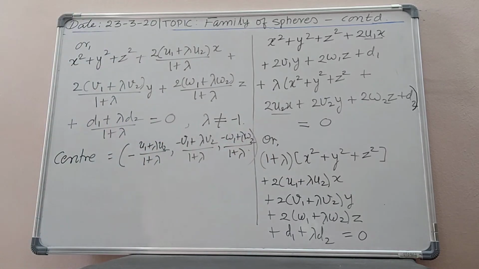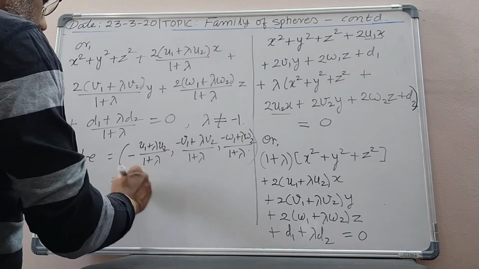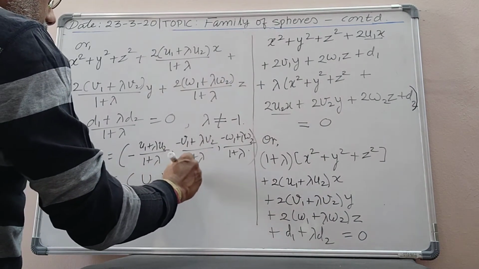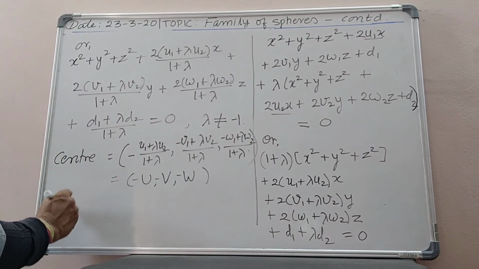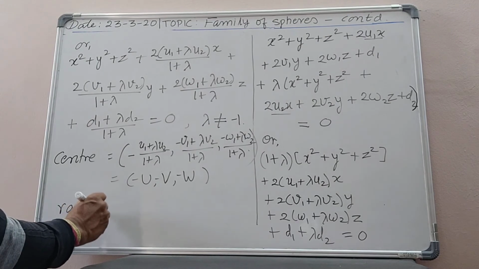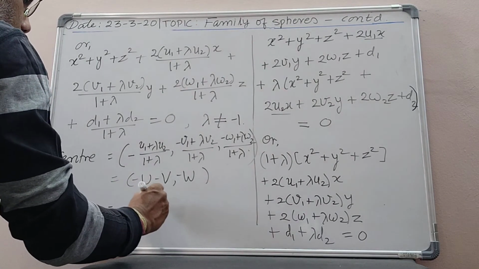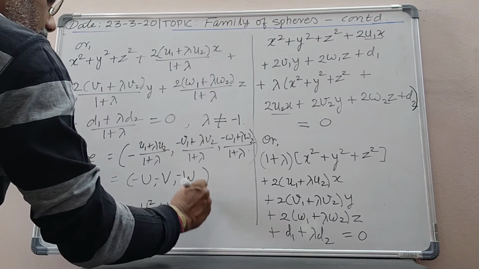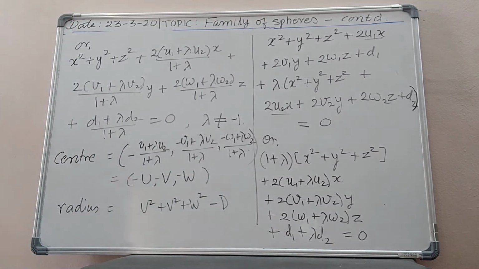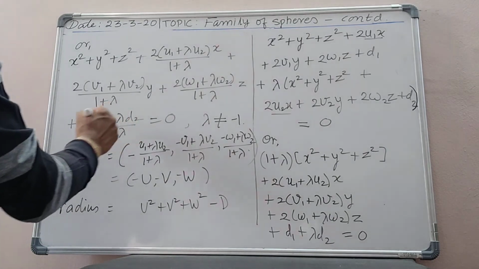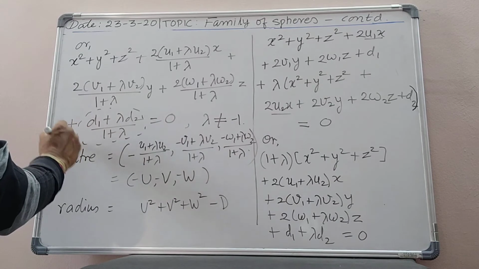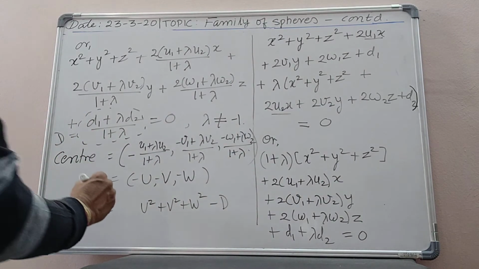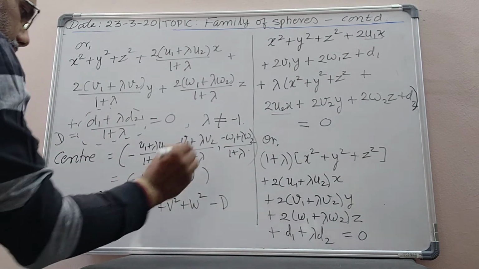That would be the center, and you can write out the radius. This is, let's say, u, v and w. The radius will be u square plus v square plus w square minus d, so the radius squared is equal to this.